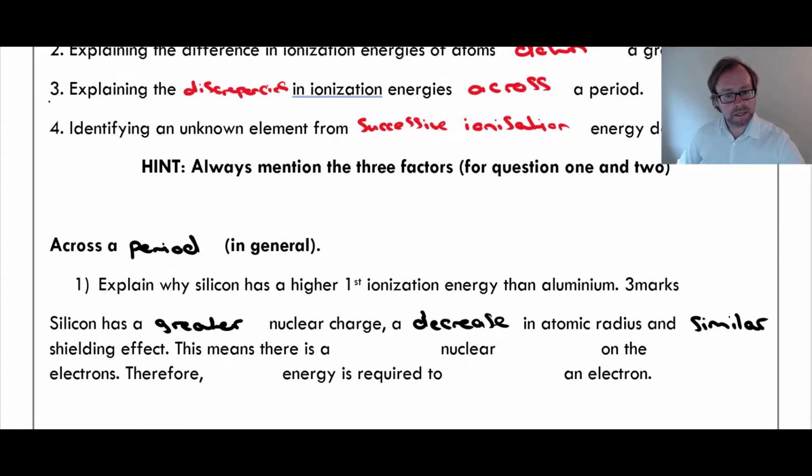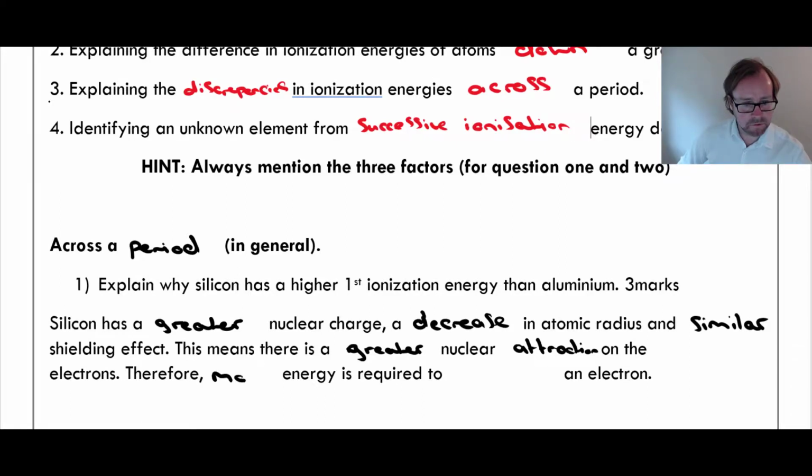This means there is a greater nuclear attraction on the outer electrons. Therefore, more energy is required to remove the outermost electron.